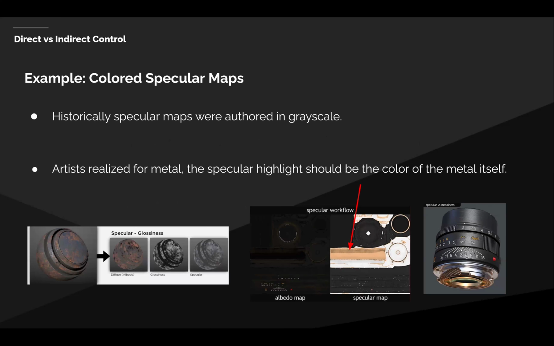So here's an example from rendering. A specular map in rendering is very basically saying how shiny an object is and how it creates these shiny reflections, let's say. Historically, specular maps were always authored in grayscale, so they were basically a scalar value saying how shiny it is. But artists realized that when you have metal, the specular reflection should be the color of the metal itself. So if you have a copper part of an object, the specular reflection should be orange, like the color of the metal.